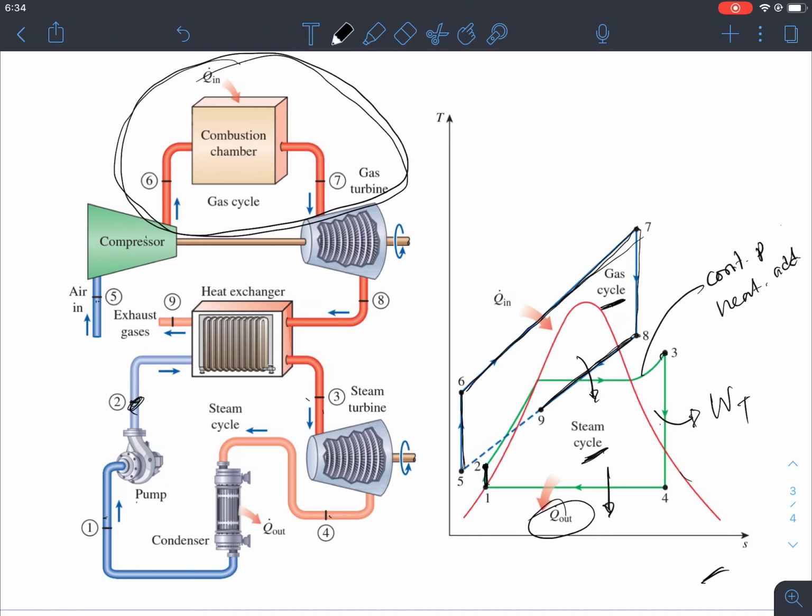If we do a math problem, we're going to go ahead and solve a math problem based on this gas and vapor power cycle, and then we'll see how to determine the Q in and how to determine the Q out, right? We'll also see that the efficiency is becoming really high compared to the individual cycles, for example the Brayton cycle and the vapor cycle.